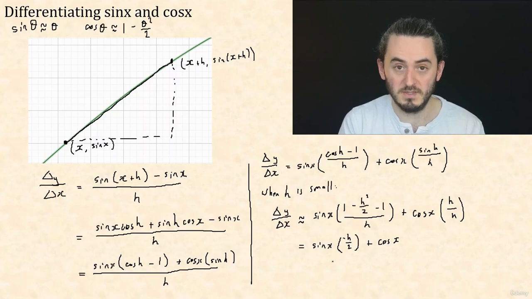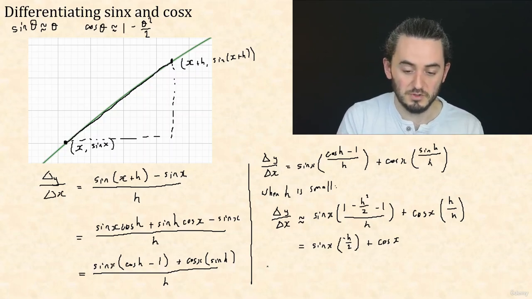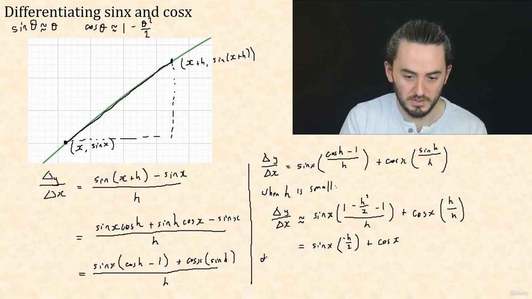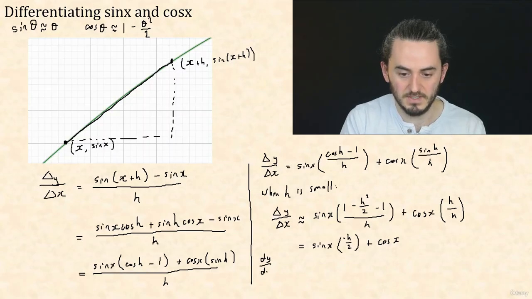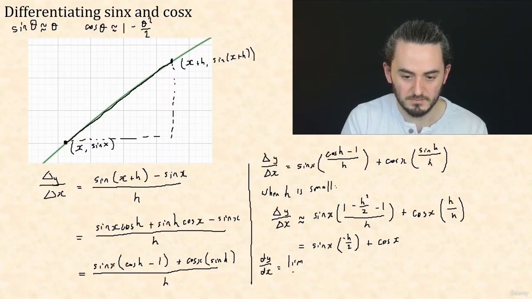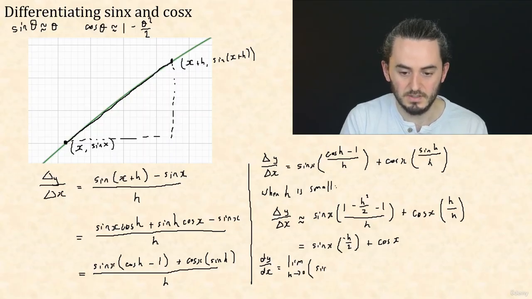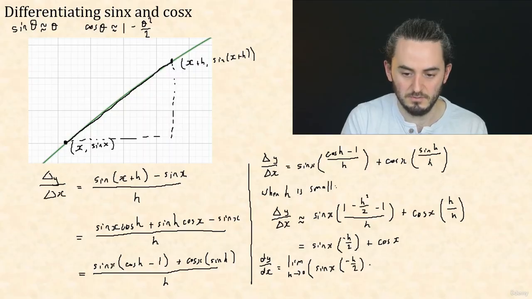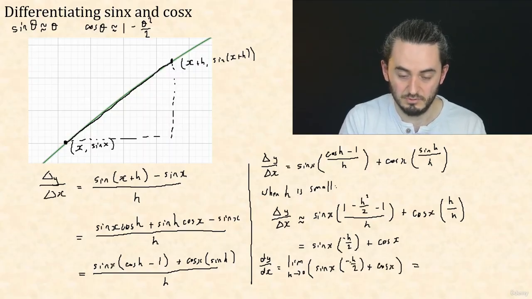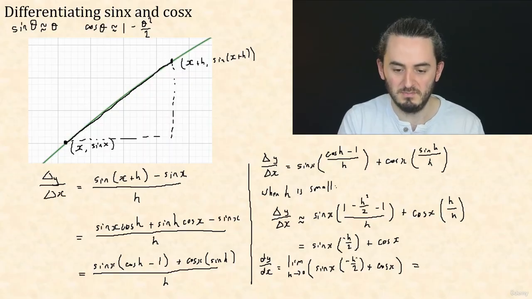We're not going to be dividing by 0 if we do, which means I can do this magic final step of saying that the derivative, that's the limit as h goes to 0, so the limit as h tends to 0 of sine x multiplied by minus h over 2 plus cos x is, drum roll, well, minus h over 2 if h goes to 0 is just 0.